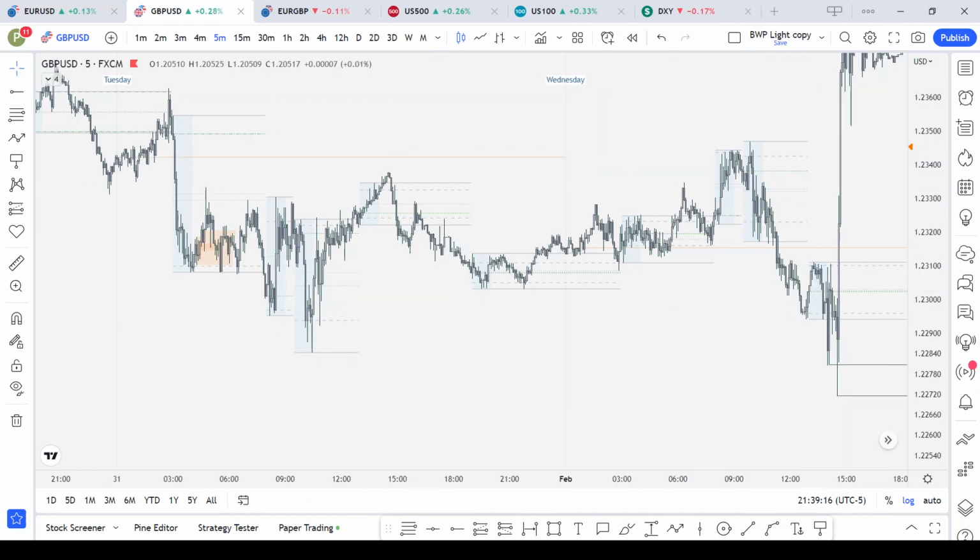So there is a lot of other information that this TR candle can give you, which I will cover in future videos, particularly in the algorithmic video series.